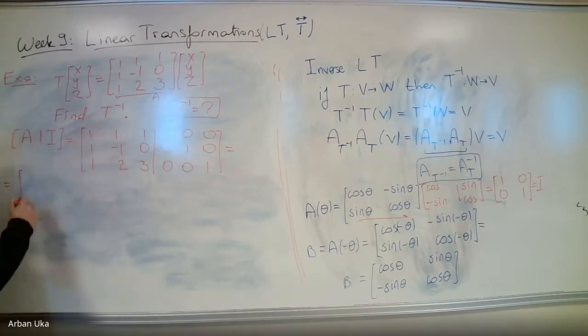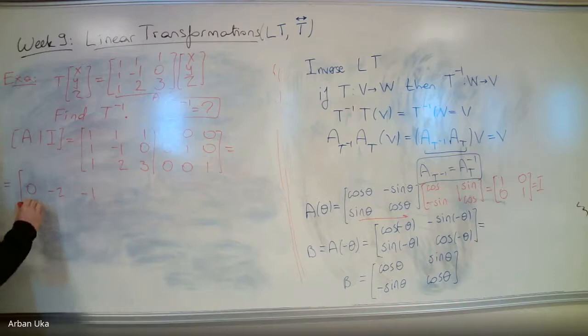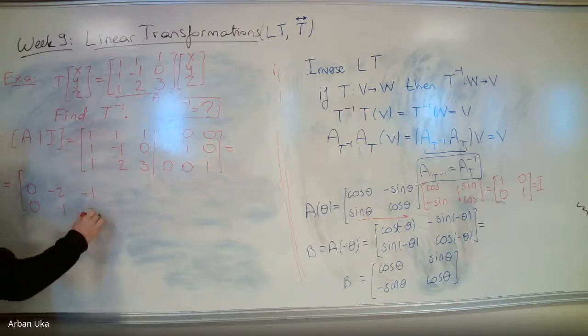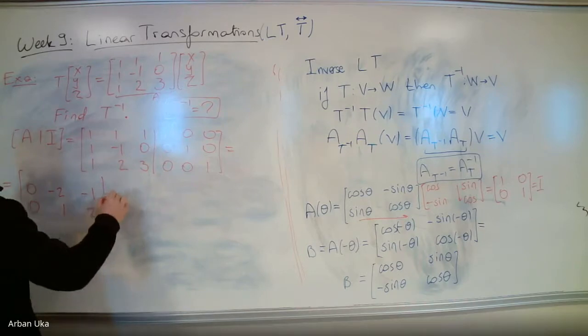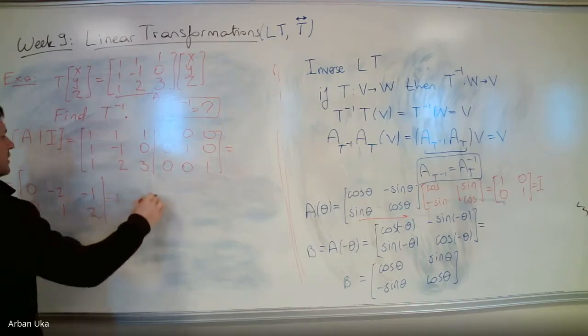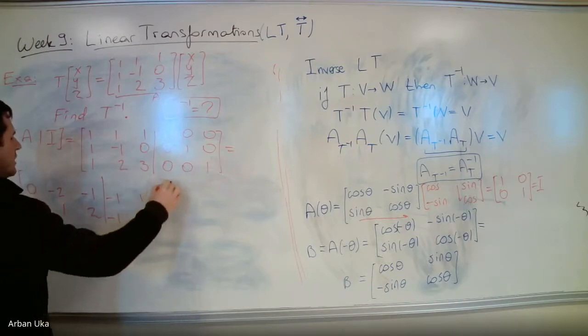Then we get 0, -2, -1, and on the other side -1, 1, 0.